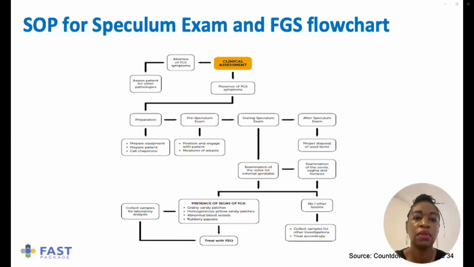Then the next thing, from the yellow box for the clinical assessment, is: are FGS symptoms present? If they are, then remember you've done the environmental risk assessment, and you're now doing the clinical assessment for the presence of FGS lesions and complications.